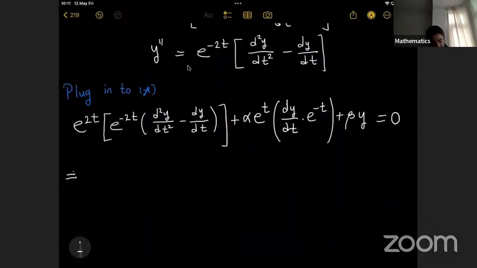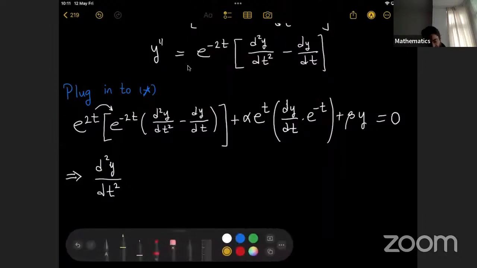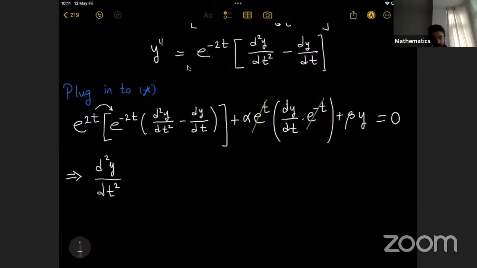You multiply e to the 2t with e to the minus 2t, so you will get 1. And the nice thing is you get such a simple equation: d square y dt square, the second derivative of y with respect to t, minus dy dt, but there is also, oh, we cancel out this one with that one, okay?